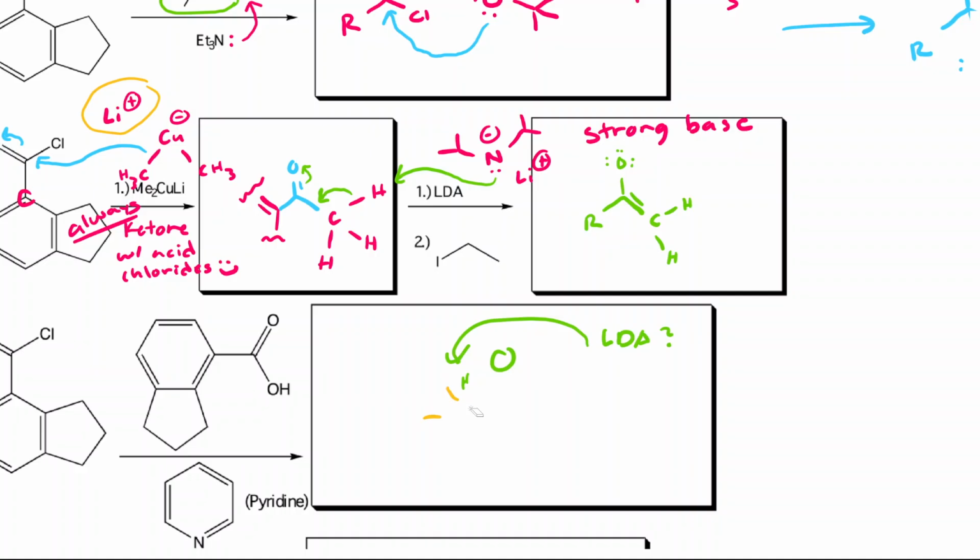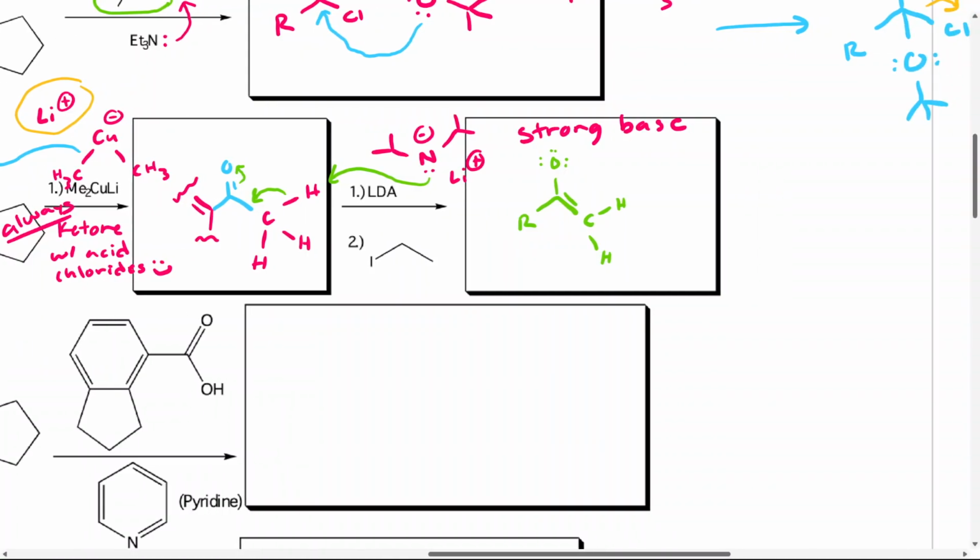So next we are going to realize that this alkene here is electron rich, so it can be used as a nucleophile to attack other things.